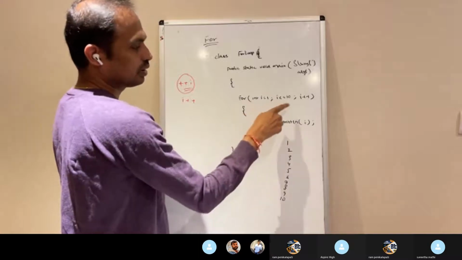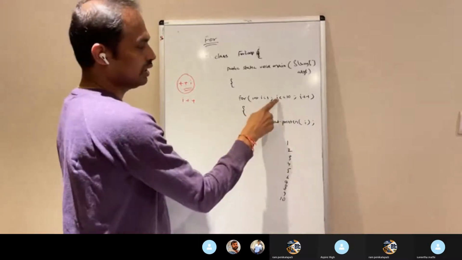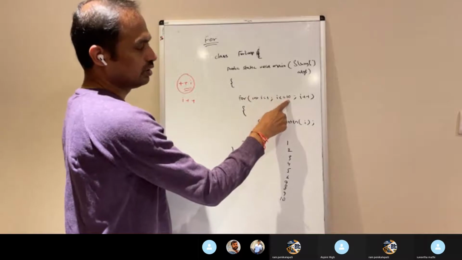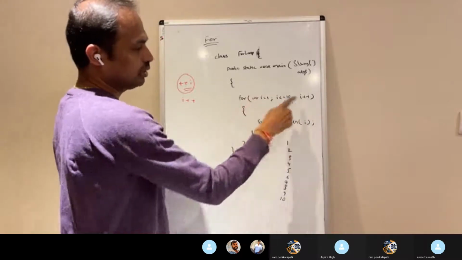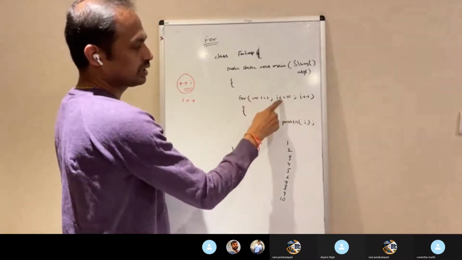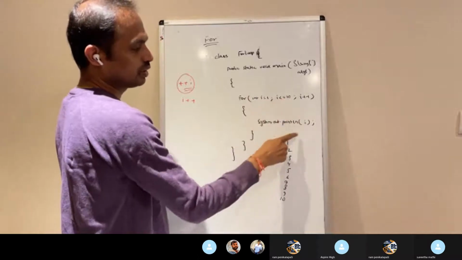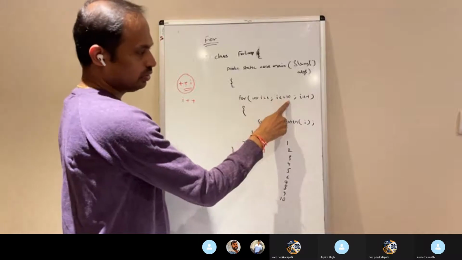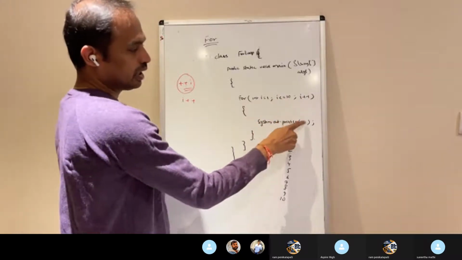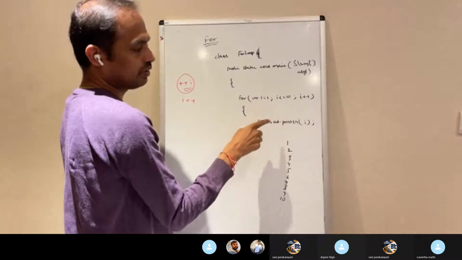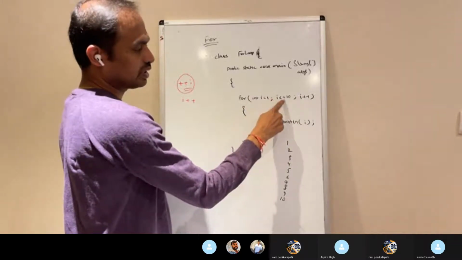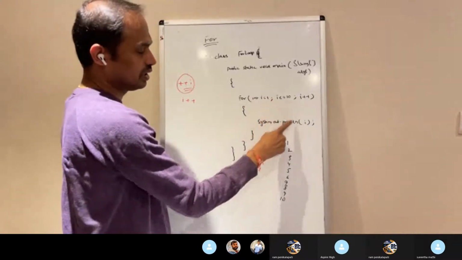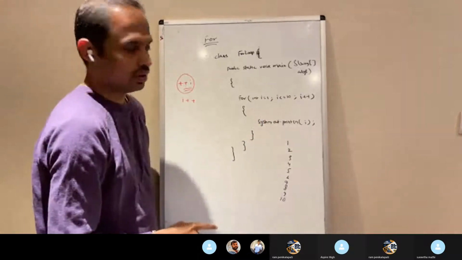Then i will be incremented to 3, 3 less than or equal to 10, true. So it will keep looping like this until this condition fails. Now the 10th one, 10 less than or equal to 10, true. It will print 10. i will be incremented to 11. It will check 11 less than or equal to 10. The condition is false. It will come out of the loop.